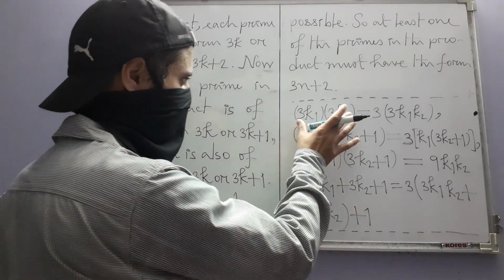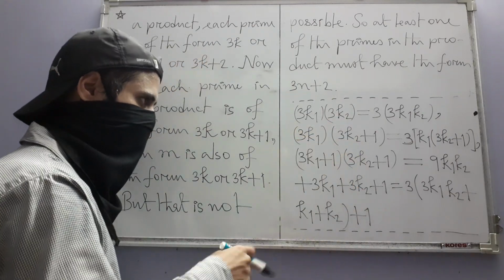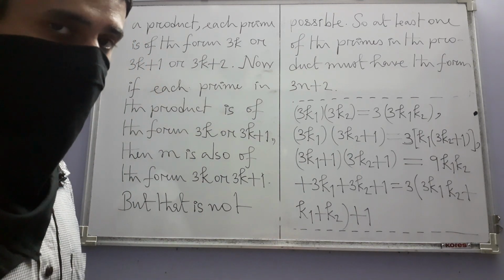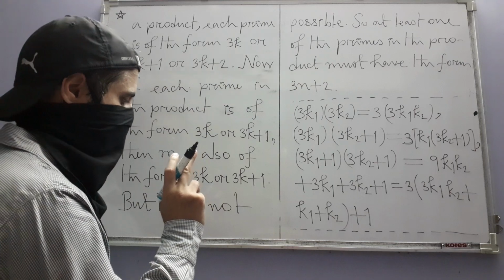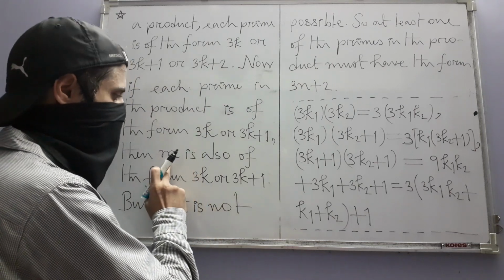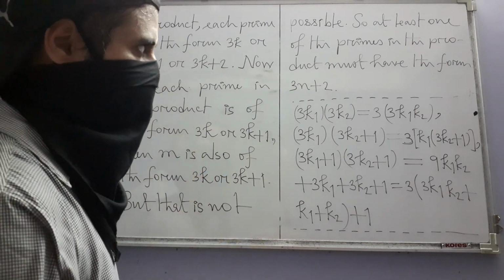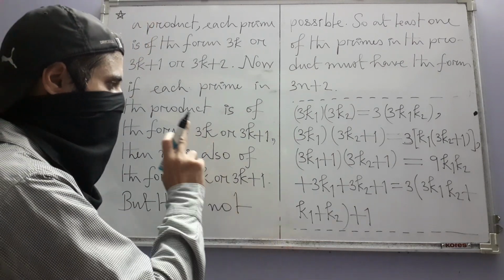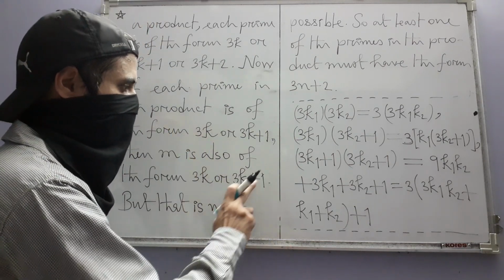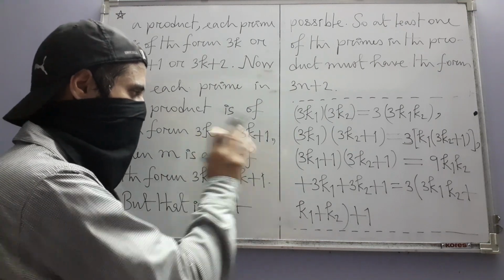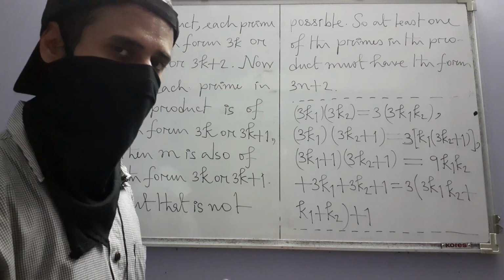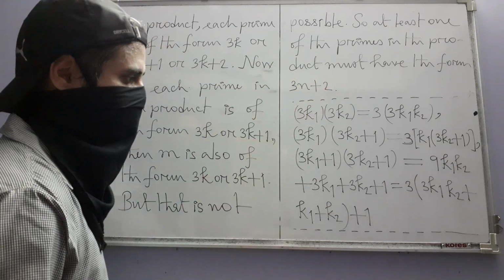So if this is the case with two numbers, then any number of factors will also be of one of these forms, and that will not make m of the form 3n plus 2, but it's given that m is of the form 3n plus 2. So at least one of the factors must be not of any of these two forms, that is, it must be of the form 3n plus 2, and that's how we have our conclusion.